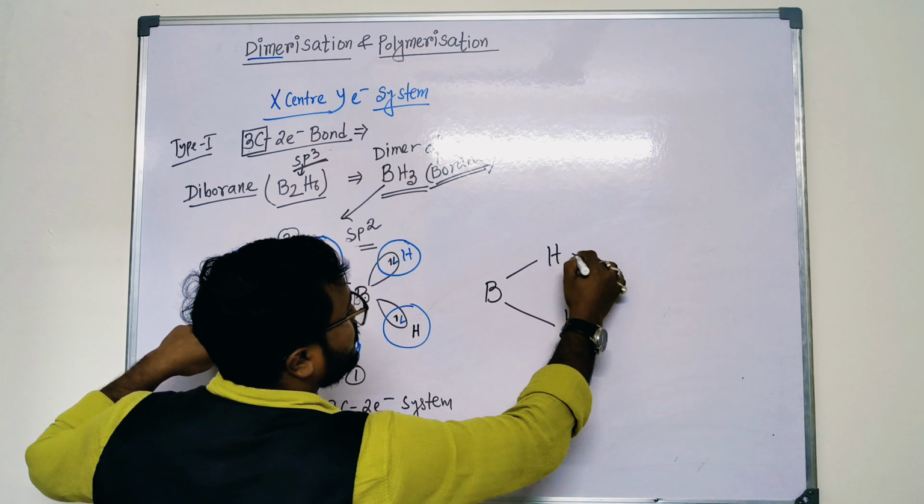What is the actual structure? Let's come to the actual structure. We can draw it like B. Another B is there. Which type of bonding is there? Banana bonding. It looks like this. It looks like a banana. Here hydrogen is present.